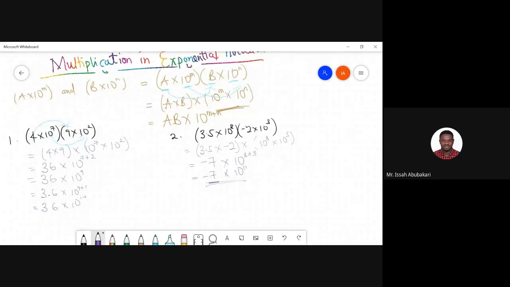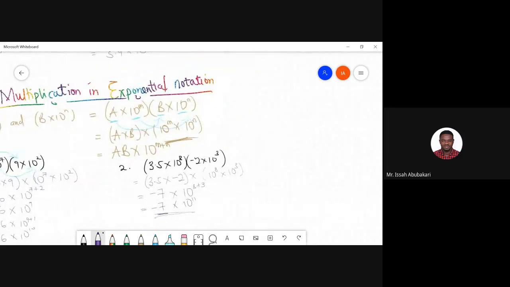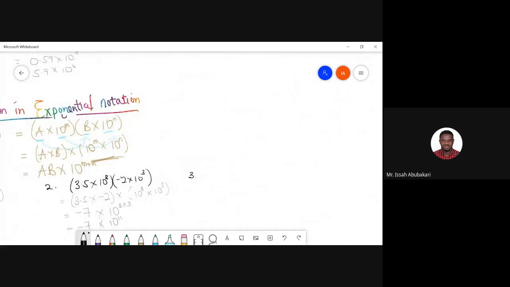Now let's look at another example. So let's say example 3. If I have minus 3 multiplied by 10 power minus 2 and minus 8 multiplied by 10 power minus 5, and I'm asked to find the product of these two numbers. How do I do this?